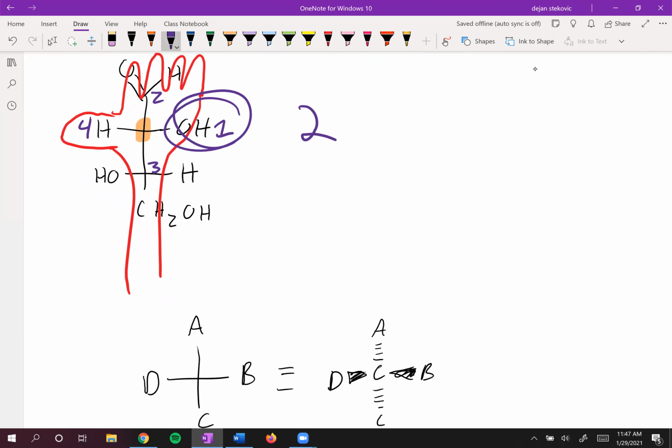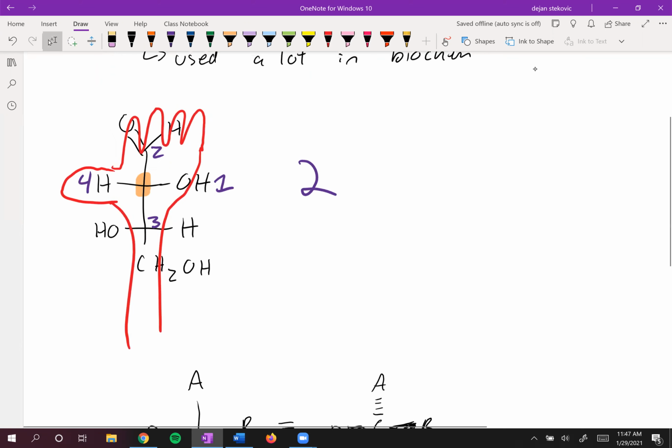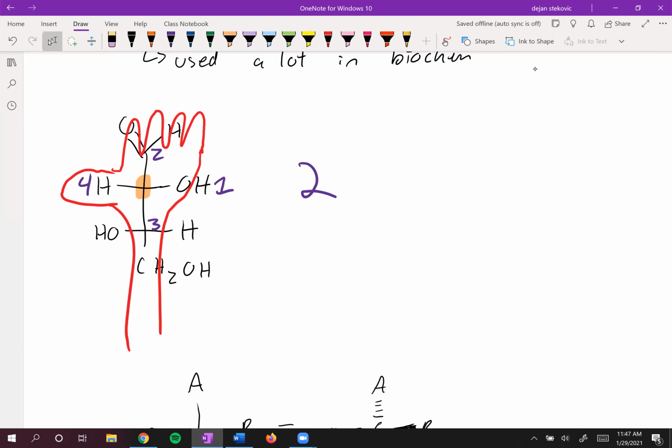Remember that this OH is sticking out of the board, so when you curl your fingers into the back of the board, you're not going to hit that. Once your hand is perfectly curled into kind of a fist, you're then going to hit number 3. And then in theory, if your fingers could go through your palm, you'd end up back at number 1. Here we're going in ascending order, 2, 3, 1 or 1, 2, 3. So that is going to be R. That stereo center is R.